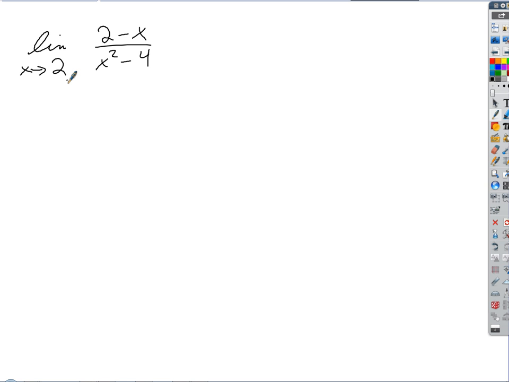If I evaluate directly, 0 over 0, okay, so more work. So what can I do? Back to the bottom. Okay, I can factor the bottom. So what's the bottom factor into? x minus 2, x plus 2. Okay, so what about the top?